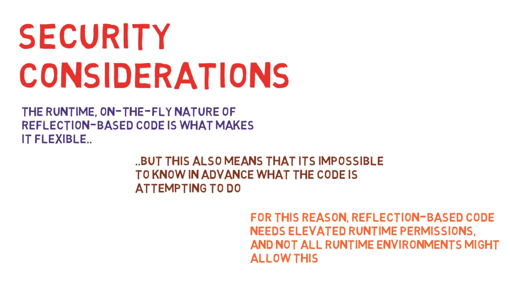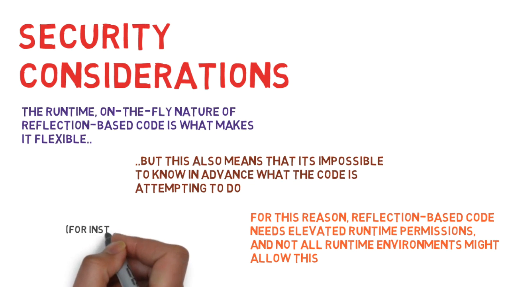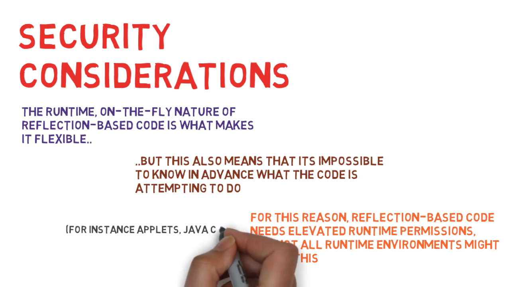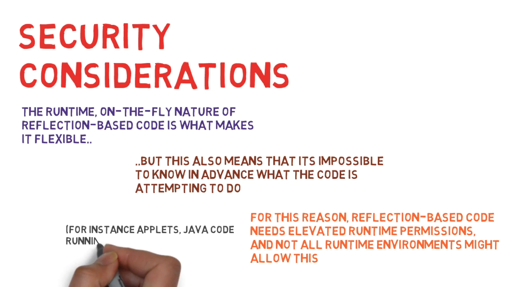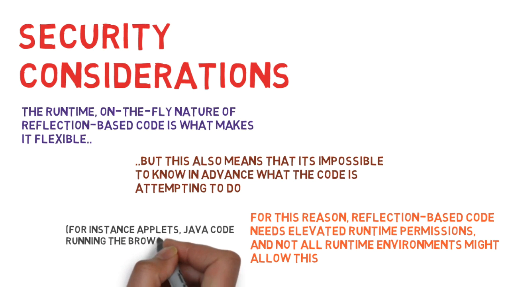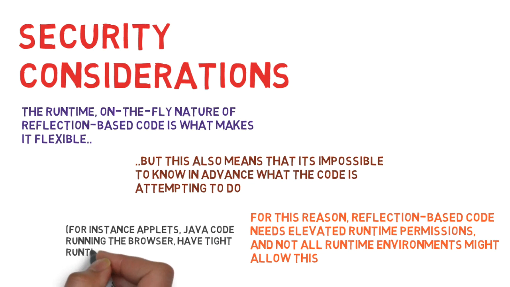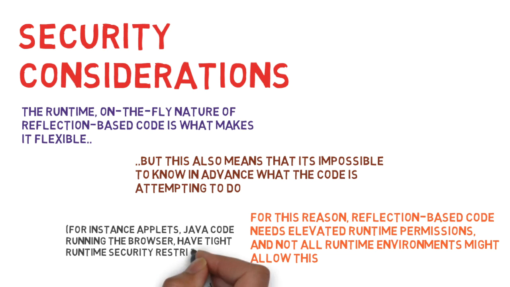But in production environments, this can be a problem. You do not want production environments to have complete permissions because you have a whole bunch of other code which could take advantage of the loopholes in your production systems. For instance, applets, Java code which run on browsers, have very tight runtime security restrictions and do not allow reflection. And this can be true for any production environment that you want your code to run in.